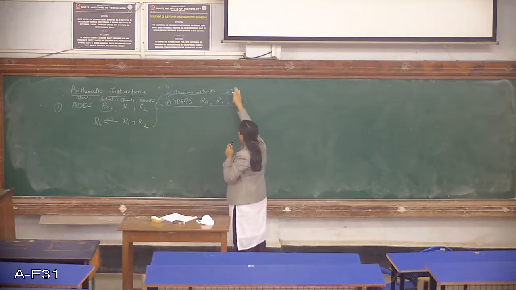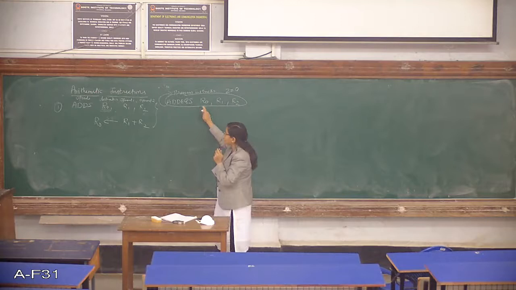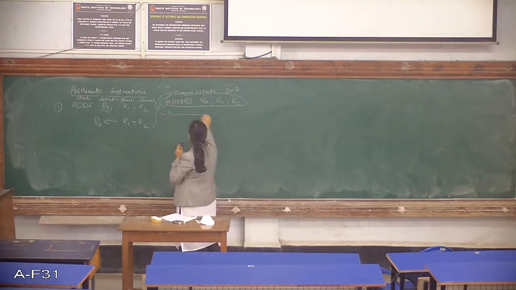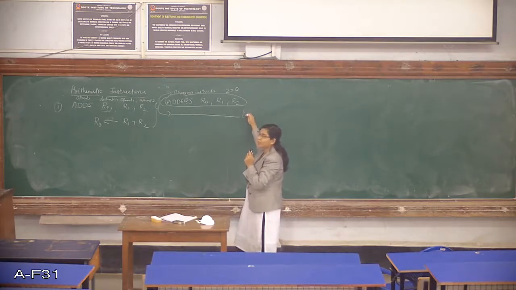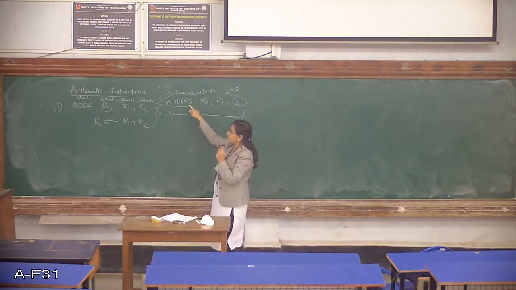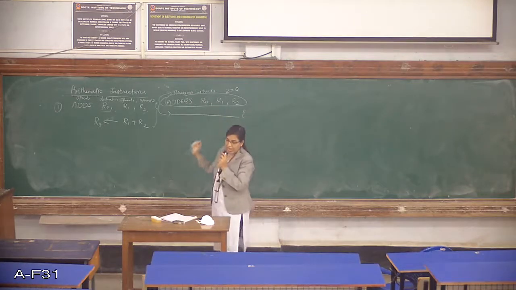Suppose the Z flag was 0, it will check whether you had set the Z flag or not. If it is not, this condition is false, and whatever is the next instruction you have written here will be executed. So it will skip this and come to the next instruction. Now in this case I have mentioned S, that means it affects the flag. It checks for the condition and then it will execute this add instruction.